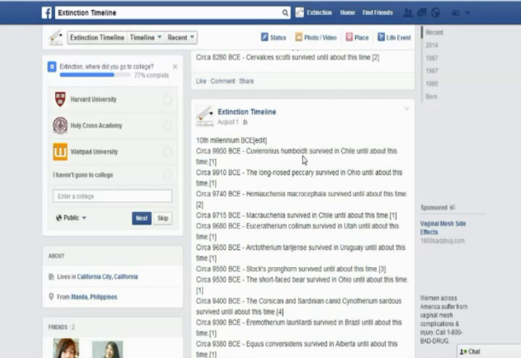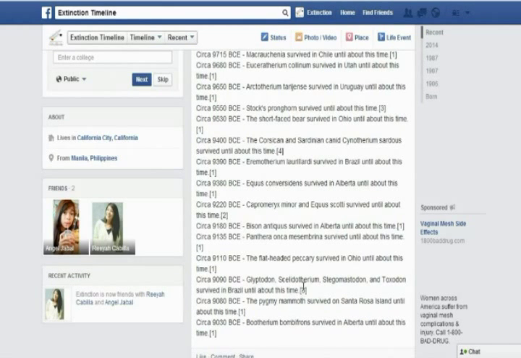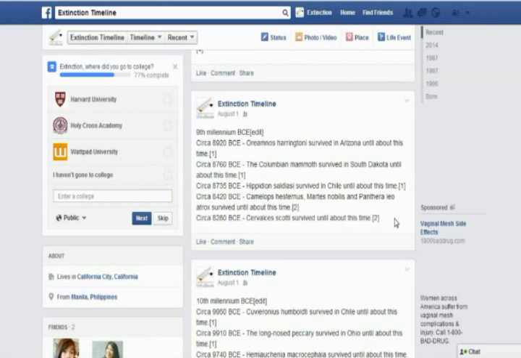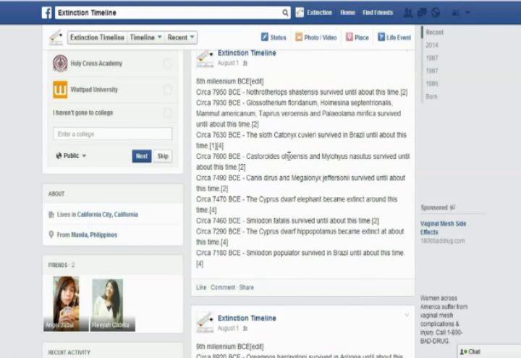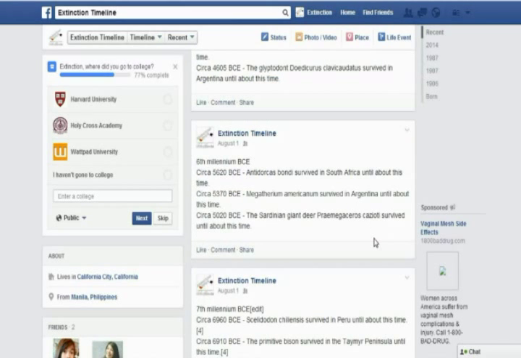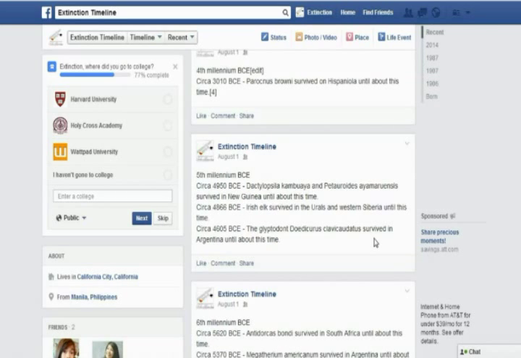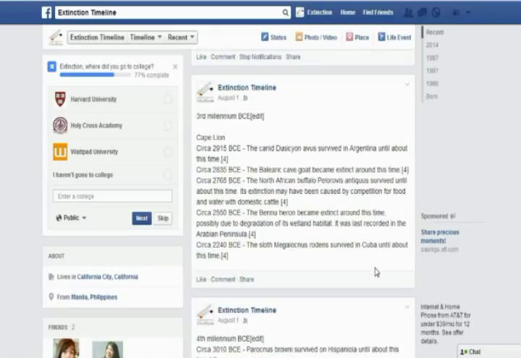10th millennium BCE. Ninth millennium BCE. 8th millennium BCE. 7th millennium BCE. 6th millennium BCE. 5th millennium BCE. 4th millennium BCE. 3rd millennium BCE.